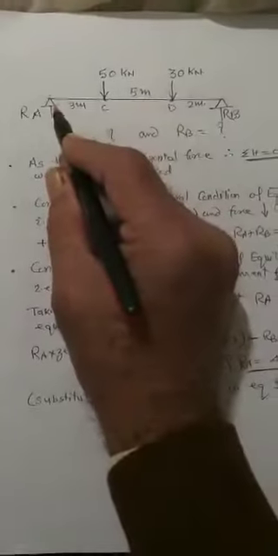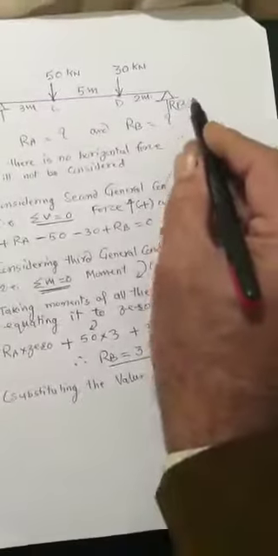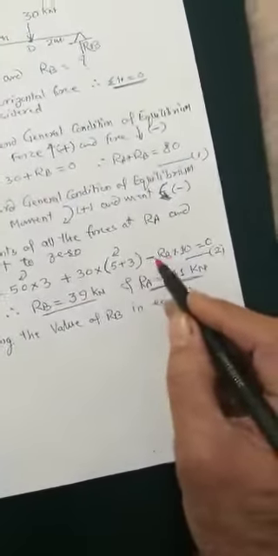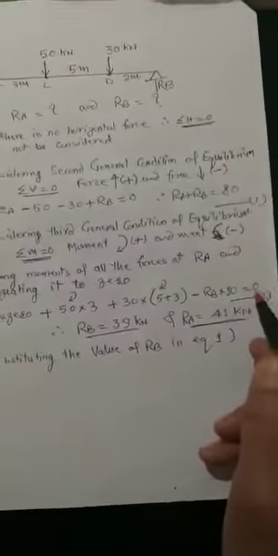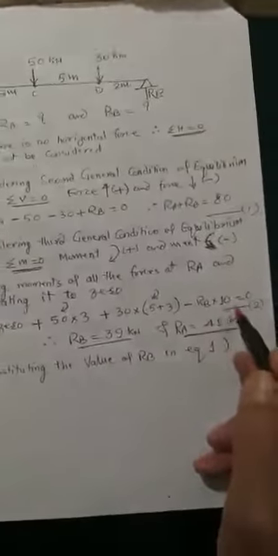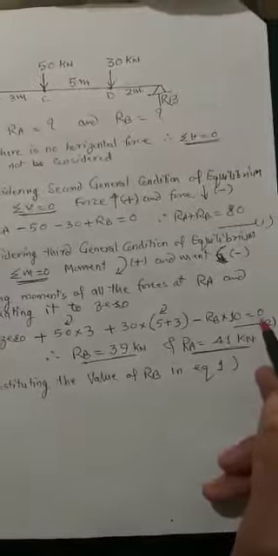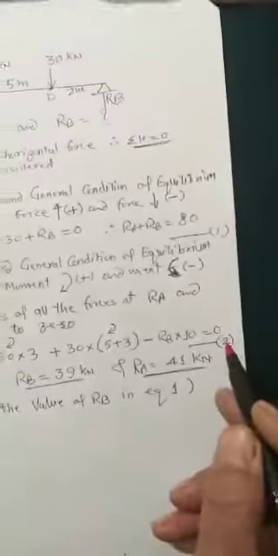Similarly, Rb into this distance, which is 10, will try to tilt the body in this direction, that is anti-clockwise. So Rb into 10, and we take the anti-clockwise direction as negative, so minus Rb into 10. With all the summations done, sigma M is equal to 0. This is our equation number 2.